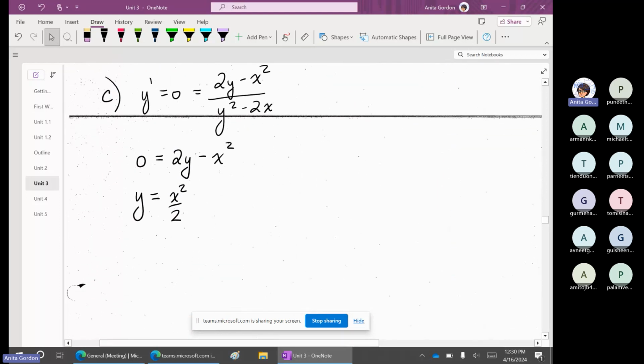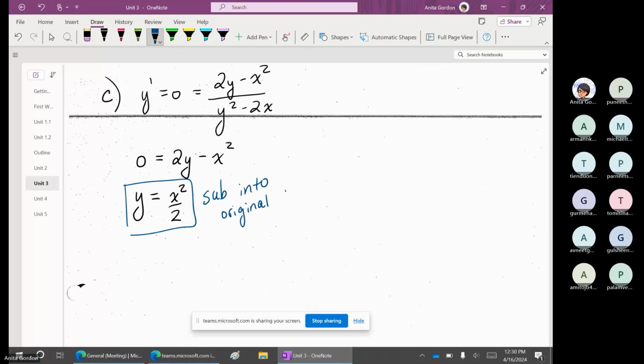So when I work backwards, I'm going to substitute into the original curve, because then I'm going to have an equation that only has x's in it. So anywhere that I see y, I'm going to substitute x squared over 2.